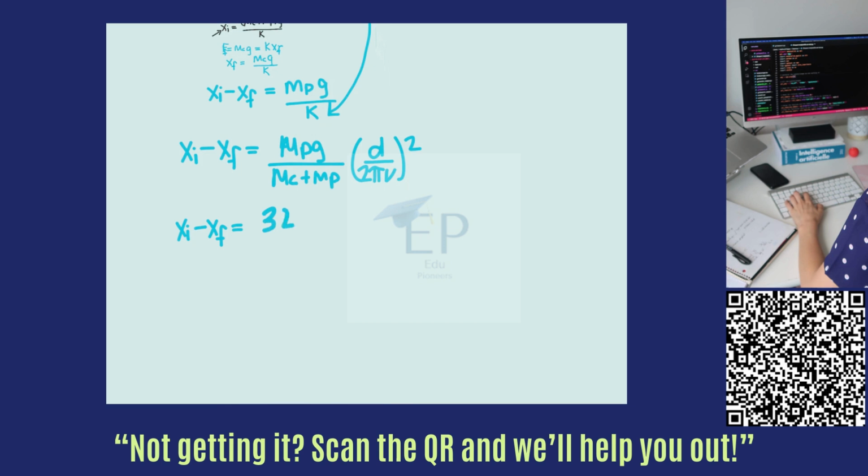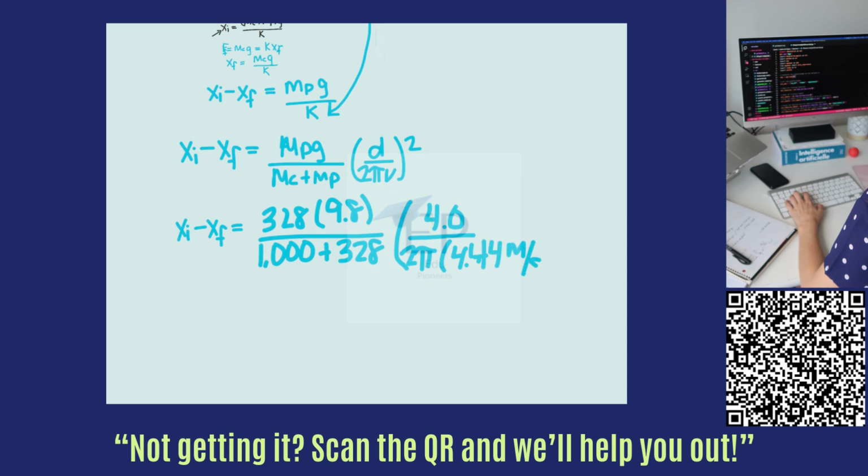So 328 kilograms times 9.8 divided by the mass of the car, which was 1,000, plus 328 kilograms for the people, times 4.0 meters divided by 2 pi times 4.44 meters per second, which gives us a total difference of 0.050 meters.